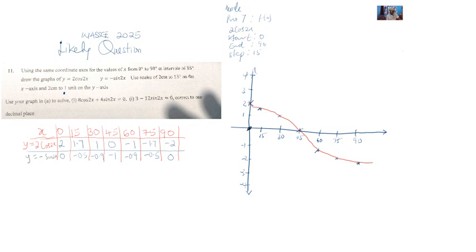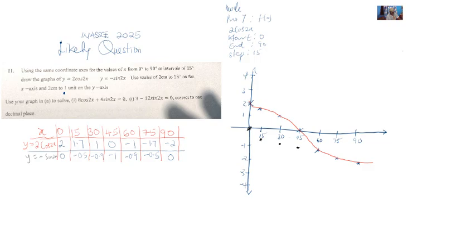Then we have 15, 0.5, then 30, negative 0.9 somewhere here. Then 45, 0, then 45, negative 1, yeah, somewhere here.